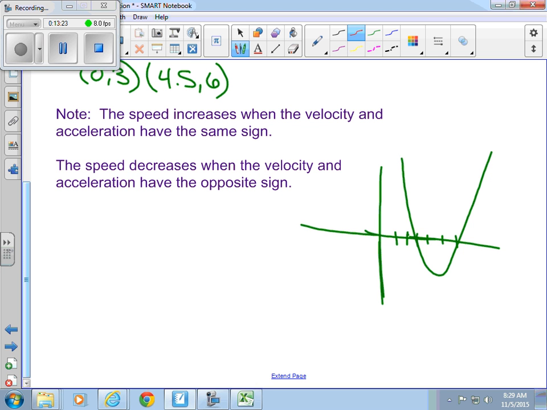Velocity could be positive, could be negative. Speed is just how fast am I going, right? So the speed curve would look like this. The absolute value, everything's flipped up. So see how the speed is decreasing here? I'm getting slower here, but then I'm getting faster, and I'm getting slower, and then I'm getting faster, just like we pinpointed from our sign chart.